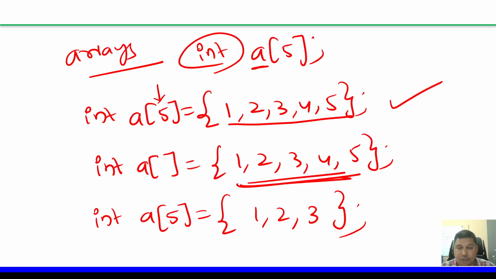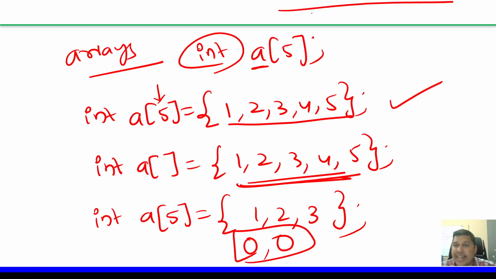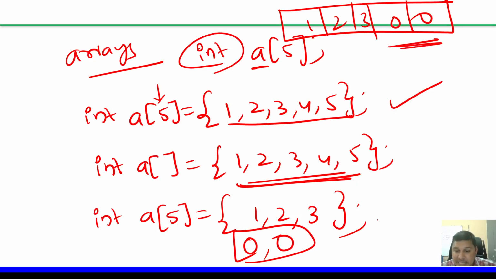I gave it as a[5], and while assigning values, I gave only 1, 2, 3. When you do this, the remaining two values will be treated as zeros. The remaining two values in that array will be stored as 1, 2, 3, and these two will be 0. In this kind of assignment, the remaining two will be zeros.